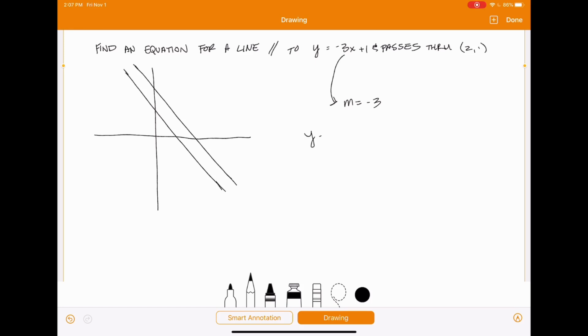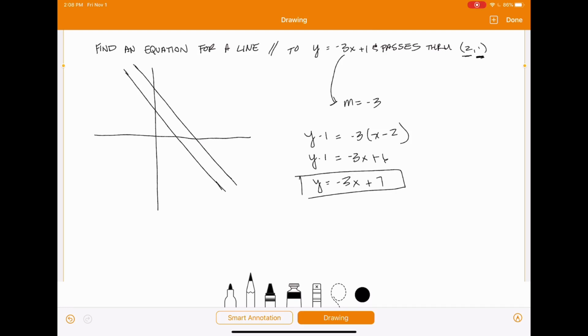So y minus 1 equals negative 3(x minus 2). Minus 1 comes from here, and then that 2 comes from there. All right? And then you can just simplify it out. y minus 1 equals negative 3x plus 6. y equals negative 3x plus 7.